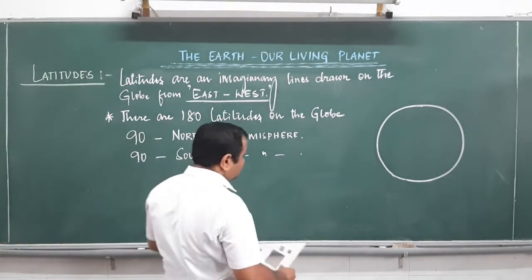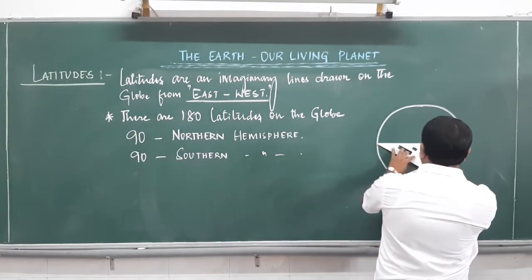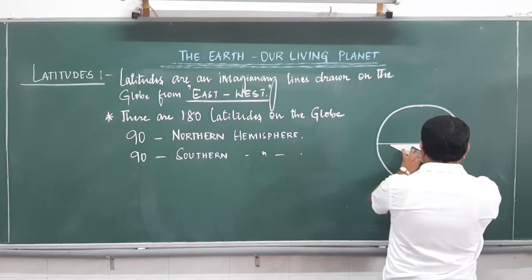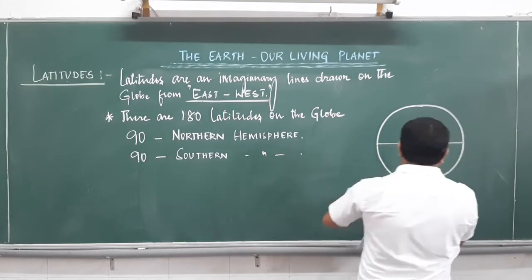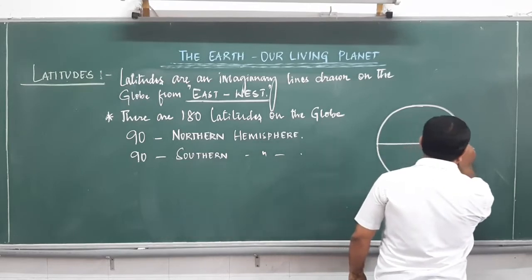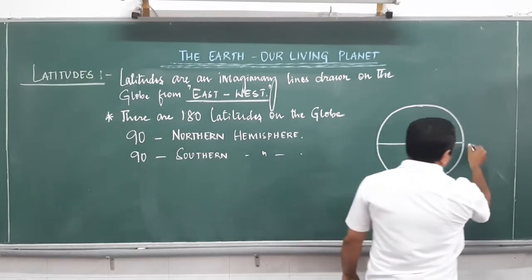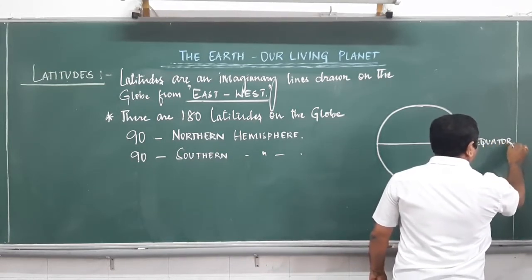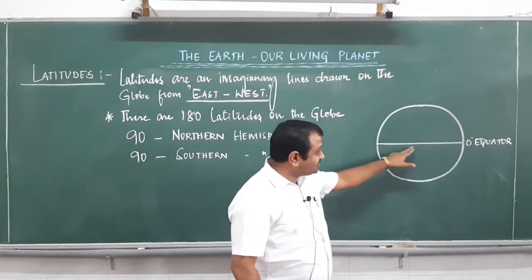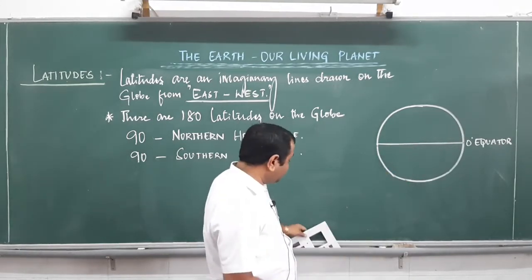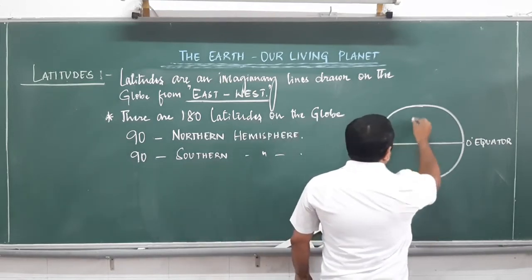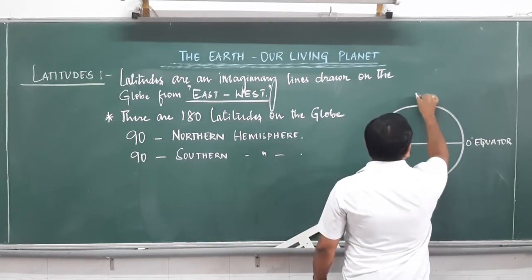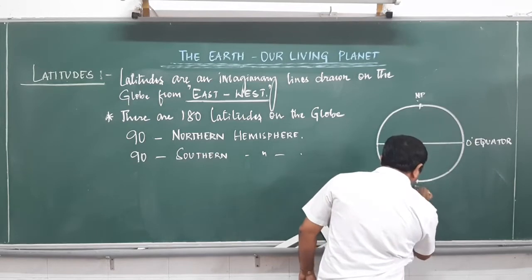We call it 0 degree equator. Including this, there are 181 latitudes on the globe. See here, this we call the North Pole, and this we call the South Pole.